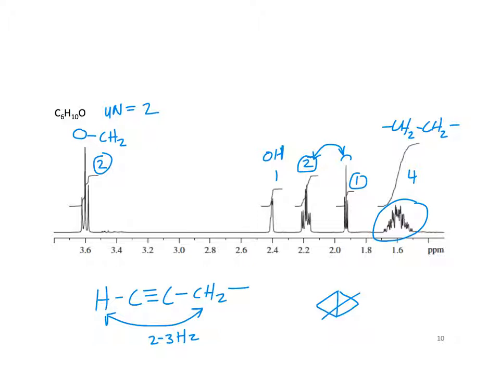So this would be the proton at 1.9, these would be the protons at 2.2, and then we essentially have CH2, CH2 down here. And what do we have left? CH2OH.